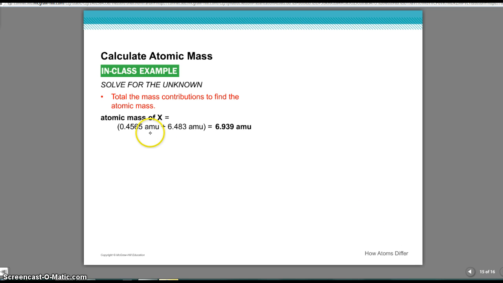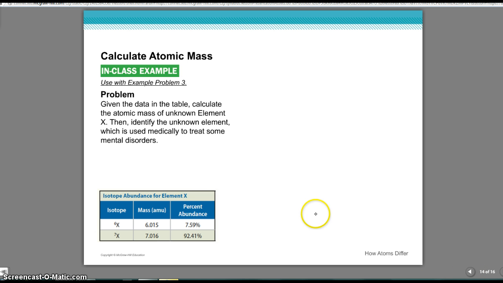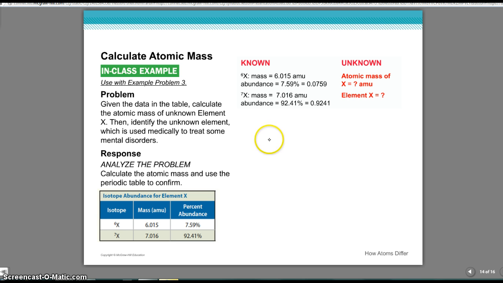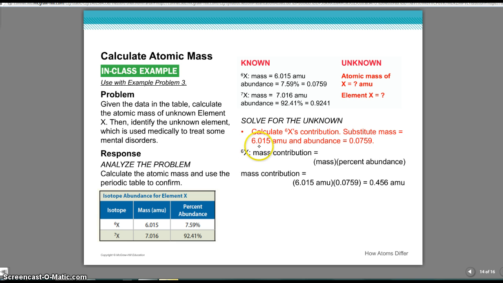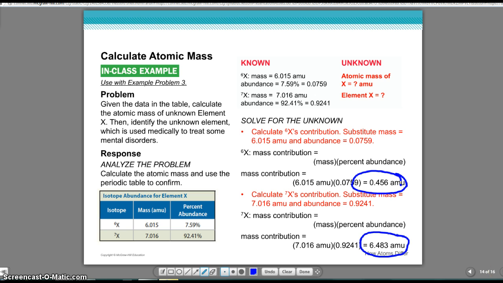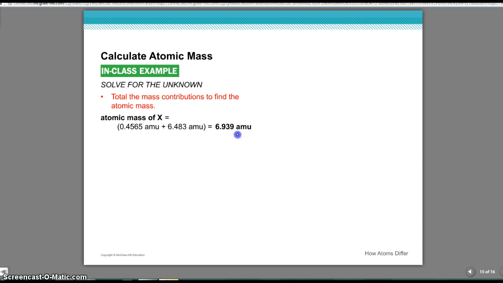So we're going to multiply the mass times the percent abundance for one isotope, multiply the mass times the percent abundance for the other isotope, and then we're going to take our 2 masses that we get here and here, and add them together to get this number.